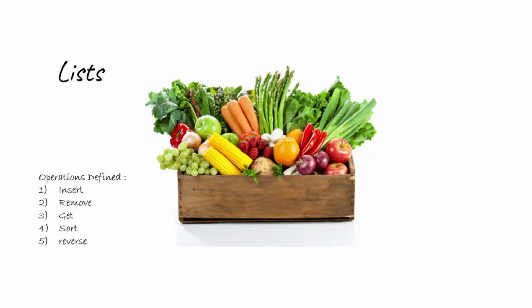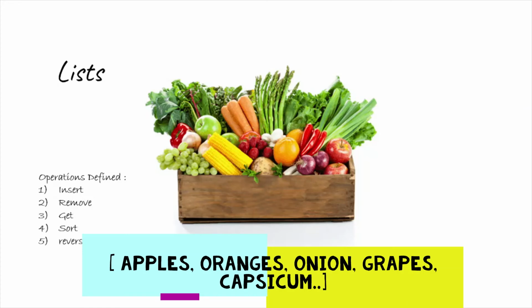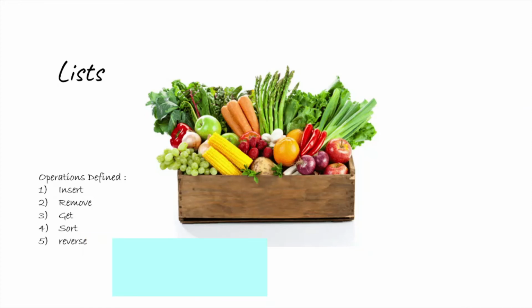Consider the basket. It has apples, oranges, onion, grapes, capsicum and other veggies. You can simply make the list of veggies in the basket as apples, oranges, onion, grapes, capsicum and so on. Now imagine we can at will pick up any fruit or veggie and eat it, or we can add more veggies in the basket if needed.